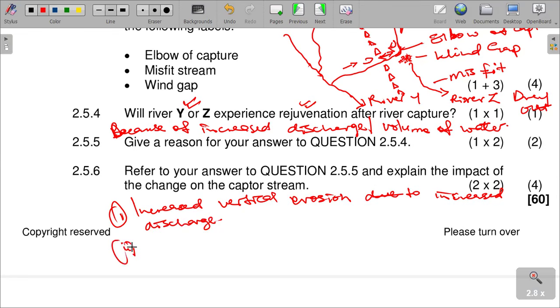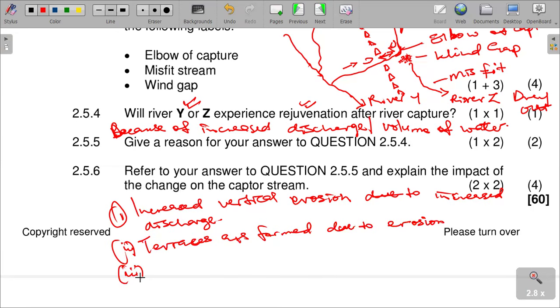Increased volume because of that, and then there is also active erosion of the river. The active erosion in the river cuts into the valley, forming terraces. Terraces are formed due to erosion. Increased erosion will take place there, and then it will cause terraces to form there.